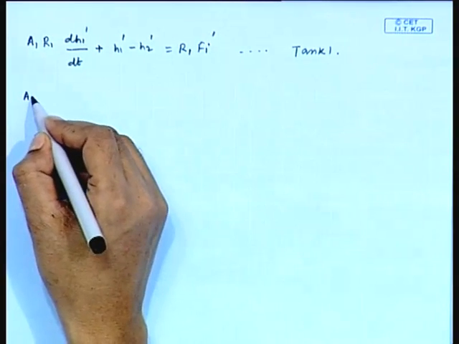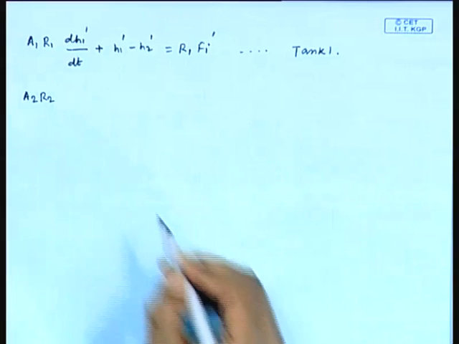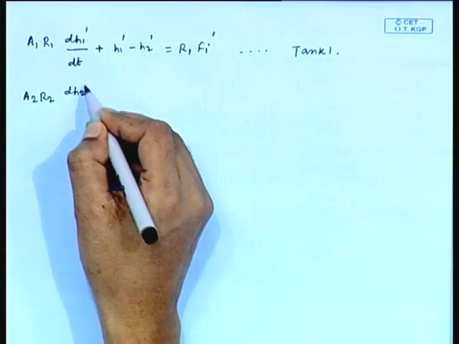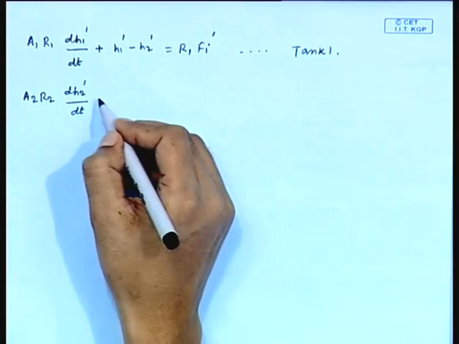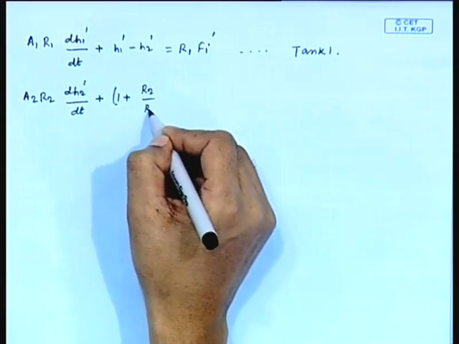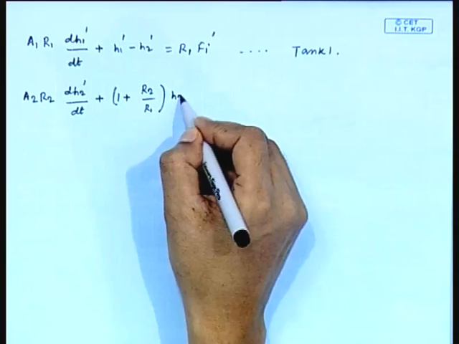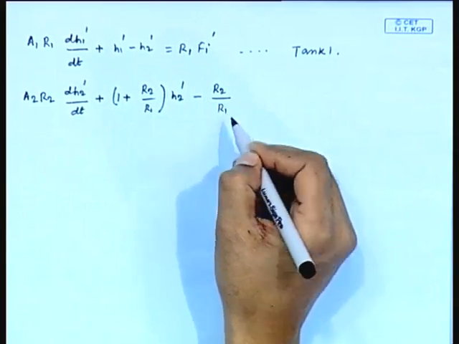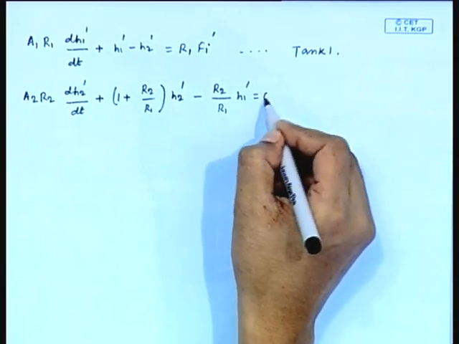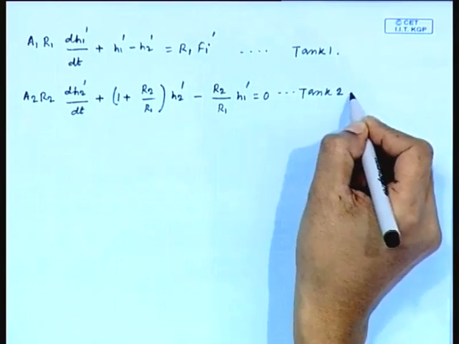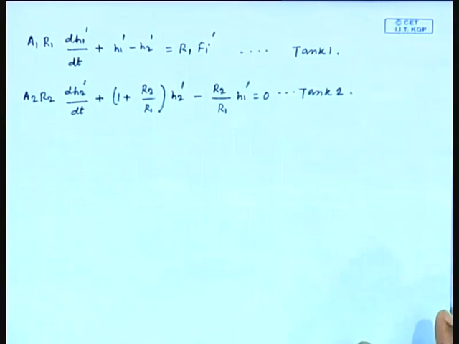Similarly, for tank 2, we can write the modeling equation in terms of deviation variables as A2 R2 dH2 prime dt plus 1 plus R2 divided by R1 H2 prime minus R2 divided by R1 H1 prime equals 0. This is for tank 2.